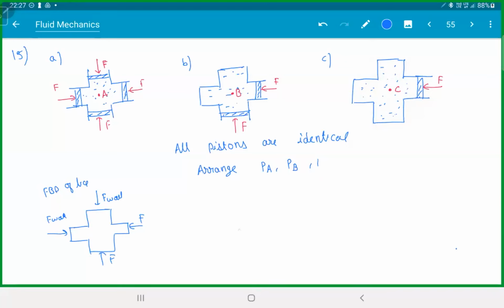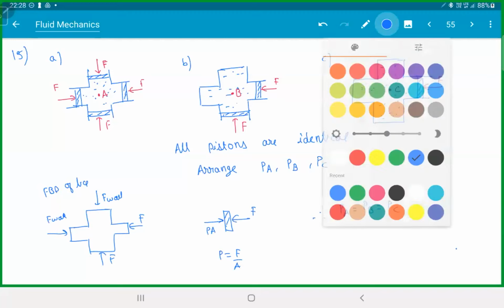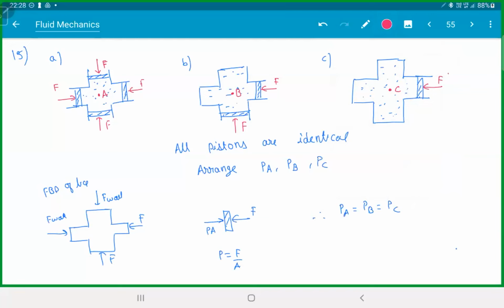So if you take any one point here, how do you find pressure anytime? Take a piston. This is force. This will be pressure into area. So pressure is F by area. Does it matter how many forces are applied? Therefore, PA is equal to PB is equal to PC. So it's an illusion, you are getting confused thinking there's only one force. Isn't the wall also exerting force?